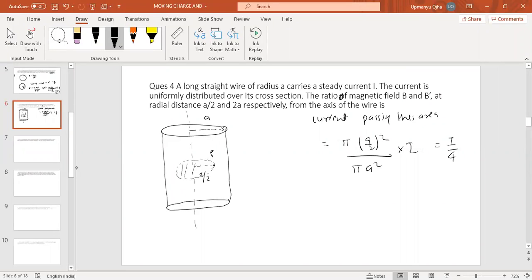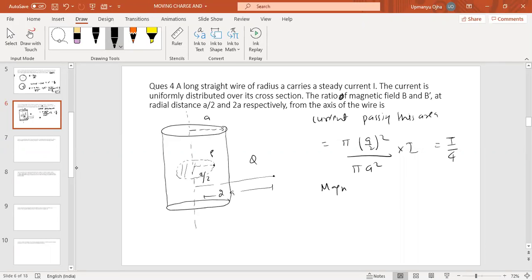Now similarly, I take another point Q at a radial distance of 2A from the axis of the wire. From point P, the current flowing through this area is I by 4. What is the magnetic field at point P?